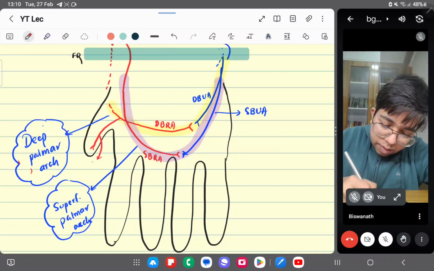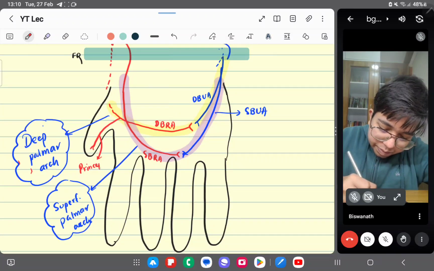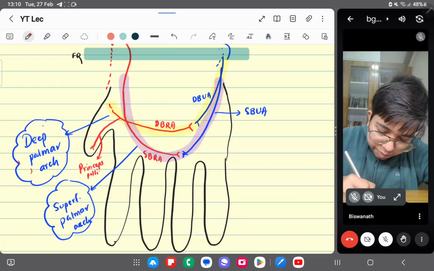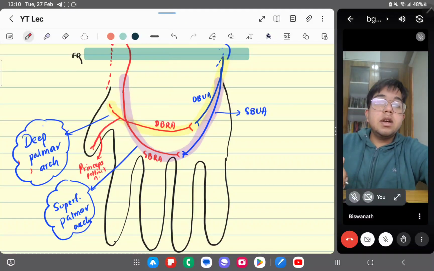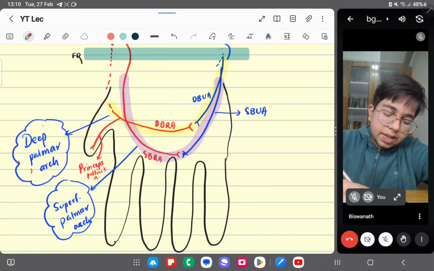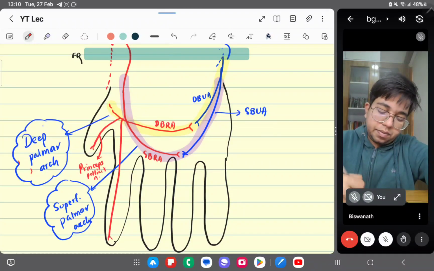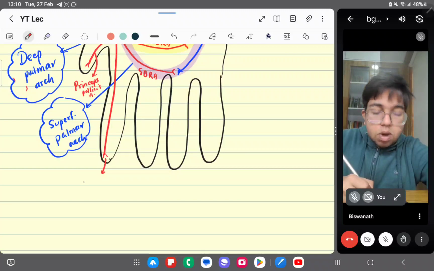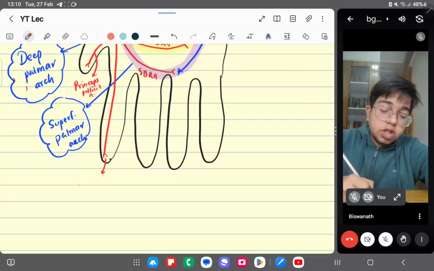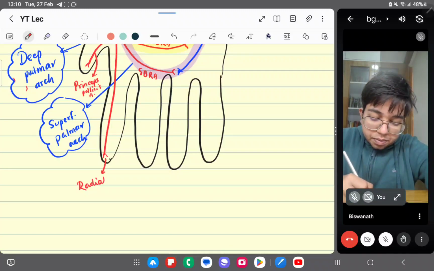Okay. It is called the princeps pollicis artery. And another artery which will be going to the index finger like this, this major artery going to the index finger, is called the radialis indicis.